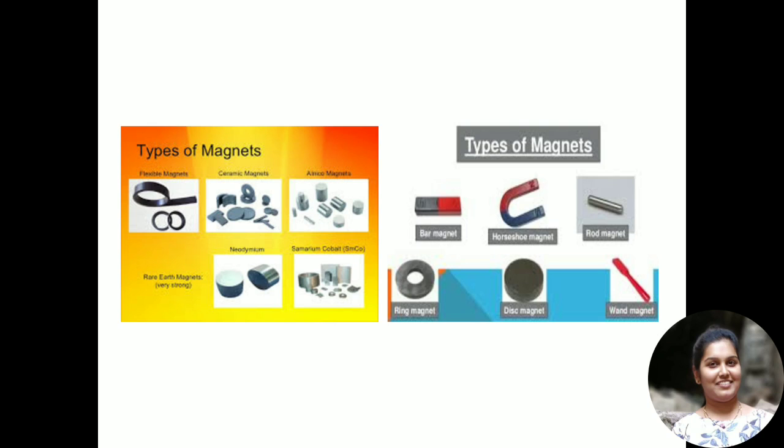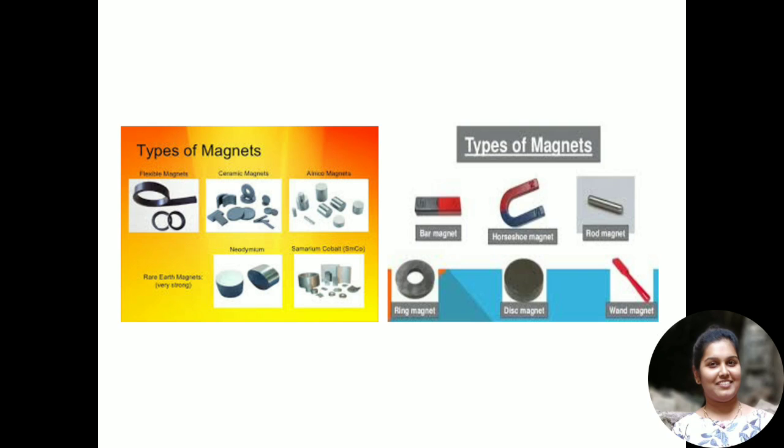If we summarize all these points from this video, we can say that magnetism arises from the electromagnetic force of a moving electric charge, and a magnet has an invisible magnetic field surrounding it and two ends called poles.